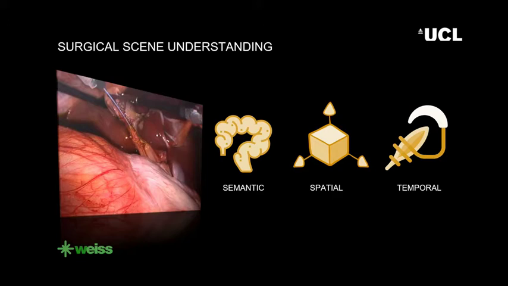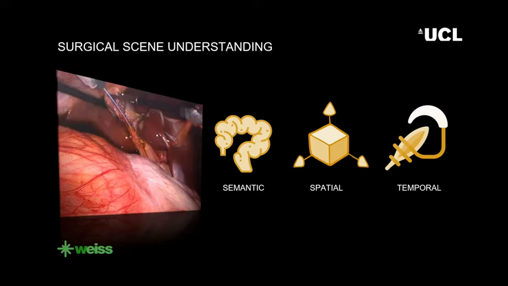Another could be the spatial, so what surgical site geometry information we can extract from the video: what's the 3D shape, what's the motion. And a third is the temporal domain, which embeds information about activity, recognition of events, workflows, and the type of actions that occur during a surgical case.